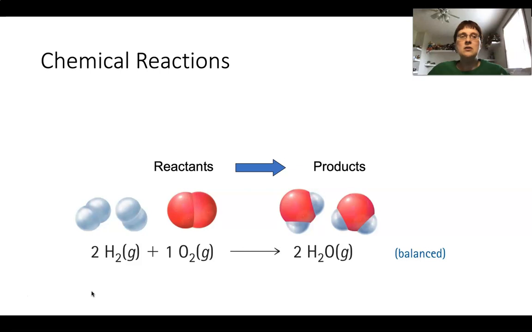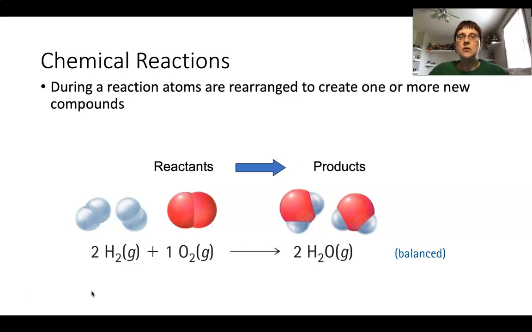We're just talking about different atoms being put together. In any chemical reaction, atoms are going to be rearranged to create one or more new compounds. You can see down here, we've got hydrogen gas and oxygen gas.